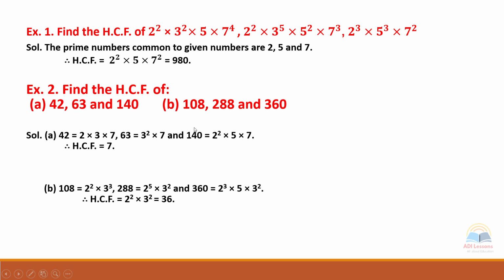And second one, 108 is equal to 2 square into 3 cube. 288 is equal to 2 power 5 into 3 square. And 360 is equal to 2 cube into 5 into 3 square. So HCF here, common factors 2 and 3. The least powers of the common factors are 2 square and 3 square. So 2 square into 3 square is equal to 36.